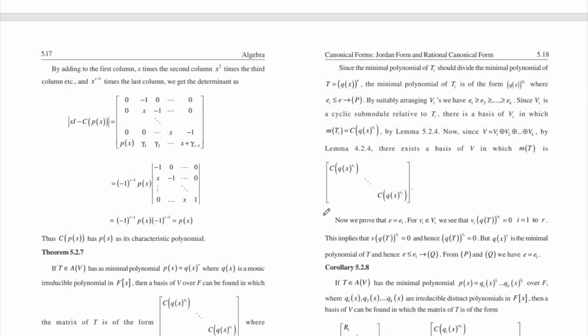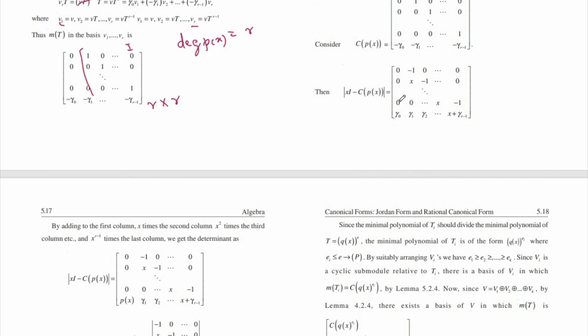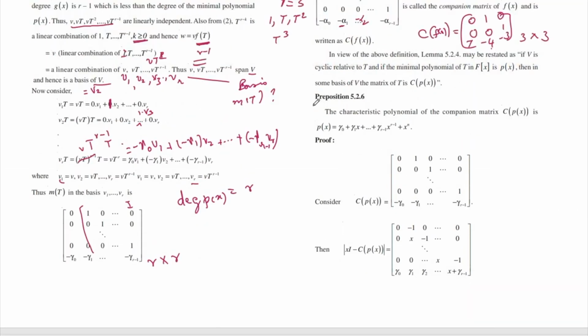In between, this is an important, nice proposition: the characteristic polynomial of the companion matrix C of P of x is P of x itself.